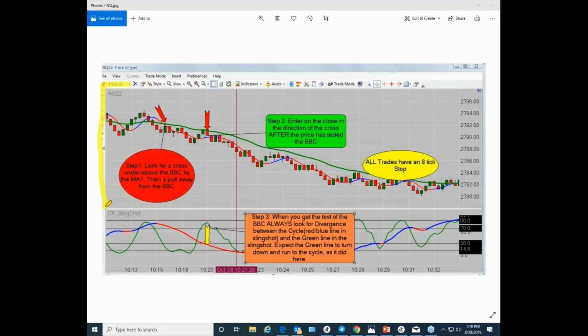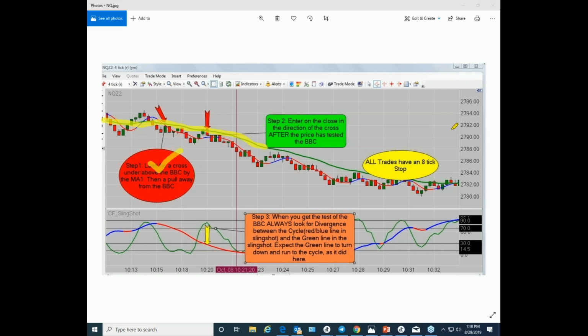The next thing we're going to work on is the top portion of the chart, price action. So here are some buzzwords. The red and blue line is referred to as the MA1. Nothing really fancy about it, it's just MA1. The green line is called the BBC, which is short for bullish and bearish cross. That leads us into step number one.